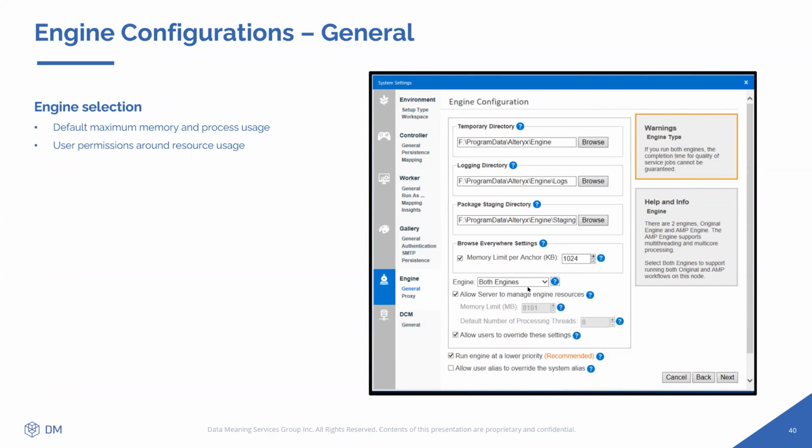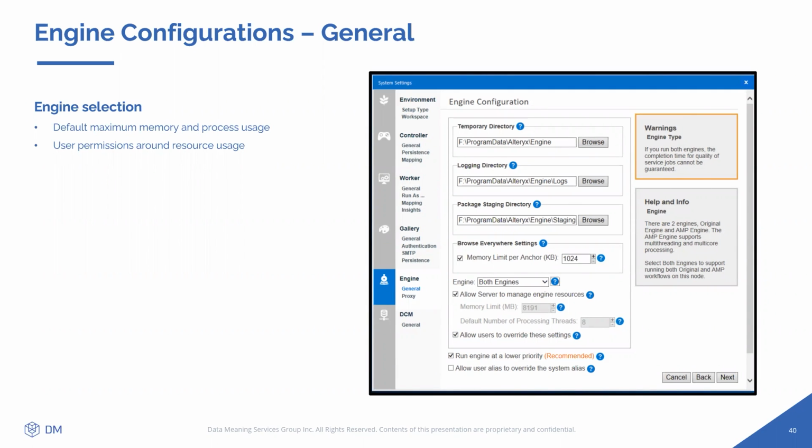Since this is a single node environment, if just one type of engine is selected here, for example, instead of both engines, just the AMP engine or the classic one, all workflows that are published using the other one, not selected, will never run. So imagine that I have only the AMP engine here, and I have developed a workflow that does not use the AMP engine. It will always stay in the queue once we schedule it and will never run.